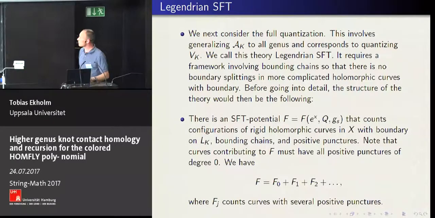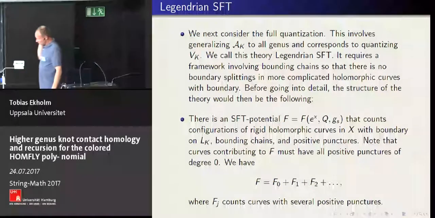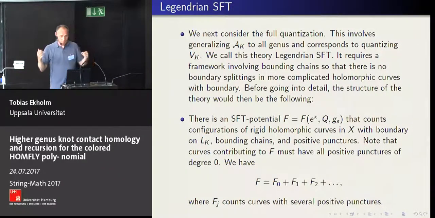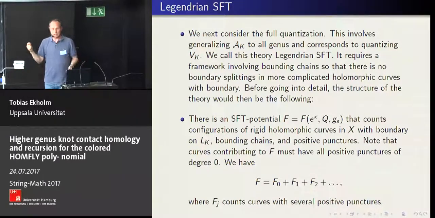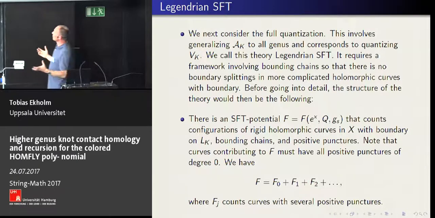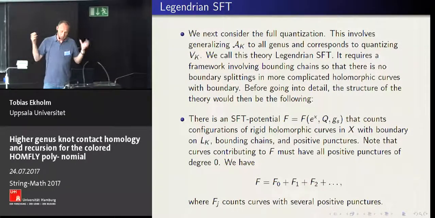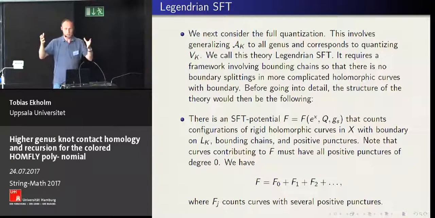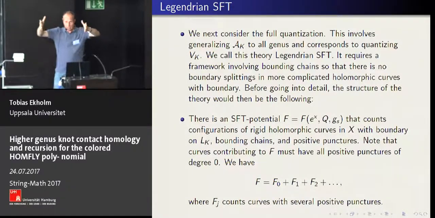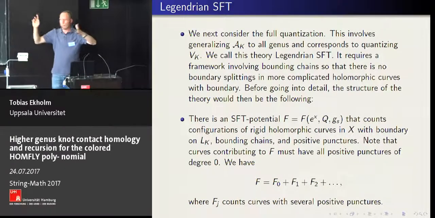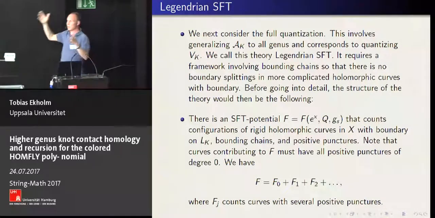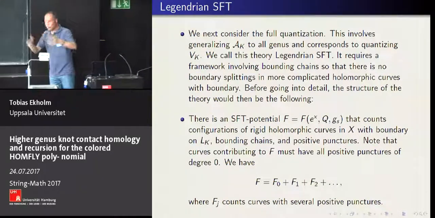But let me first give you the structure of the theory and what we would get. There are two main ingredients. The first main ingredient is what's called the symplectic field theory potential. That's a generating function, a function which counts all possible rigid curves with boundary on LK. But now, just like for the augmentations, we cannot count just curves which have no punctures.